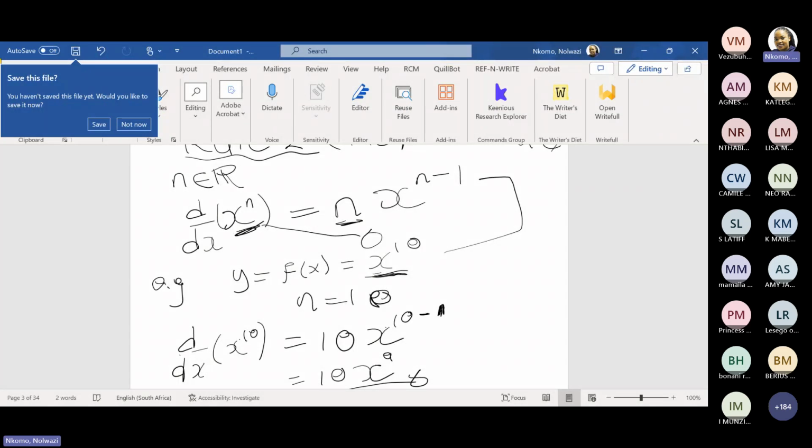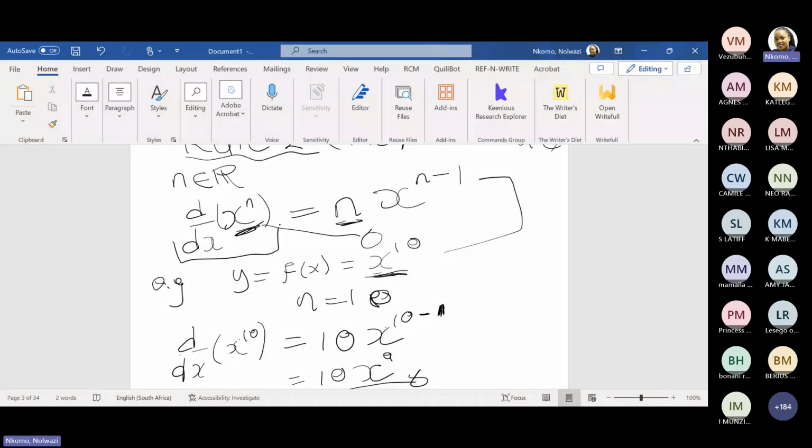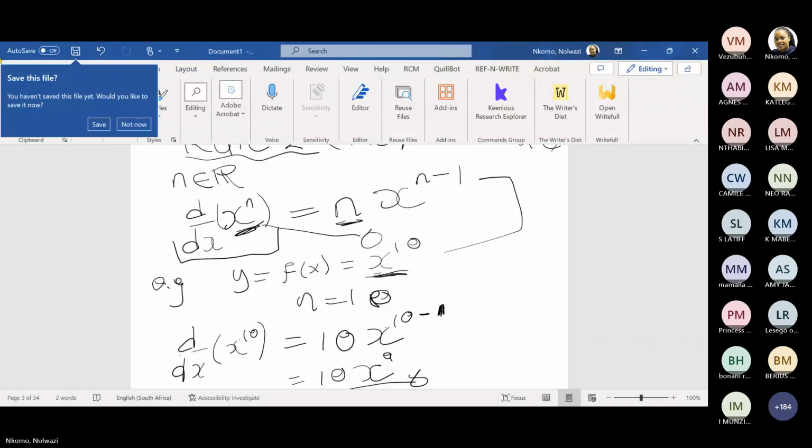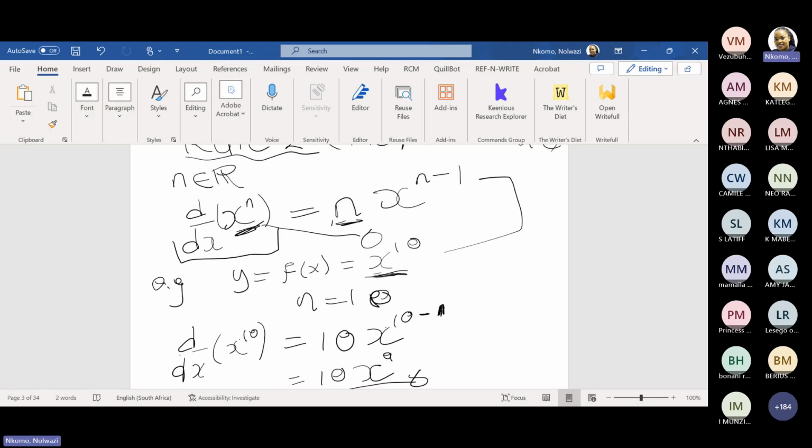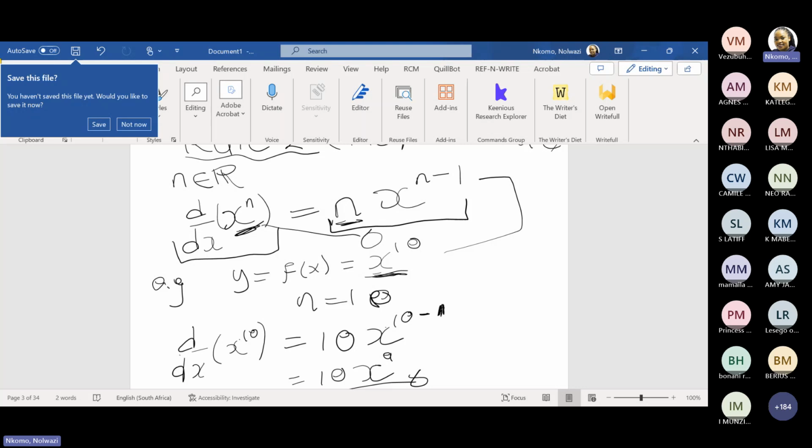And you know that the derivative of x to the power n is equal to n times x to the power n minus 1. So you can take that function and come back here. Where there is n, you substitute n with your 100, right?